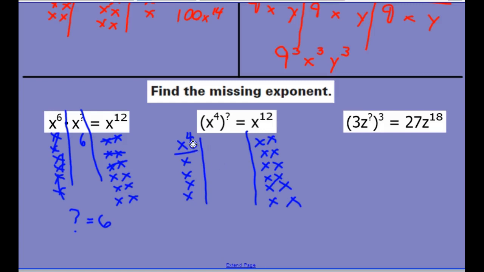So we need to figure out how many groups of 4 x's we have to give us 12. Well, there's 4 x's here, there's 4 x's here, and 4 x's here. So we know that we need 3 groups of 4. So our question mark here is going to equal 3.